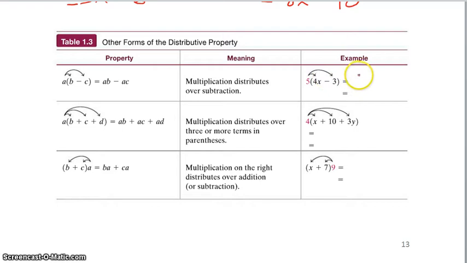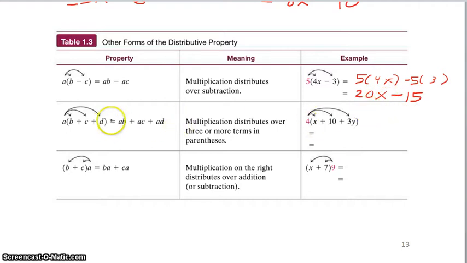So here we will have 5 times 4x minus 5 times 3. And we multiply. 5 times 4x is 20x. We bring down our minus sign. 5 times 3 is 15. So that is our final answer.